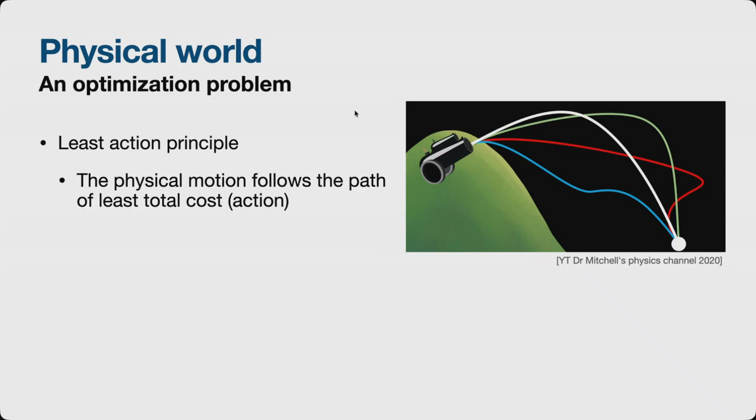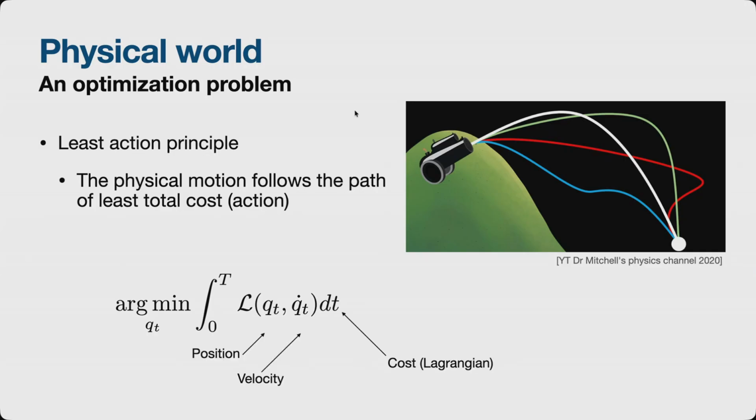This is because its trajectory is not arbitrary. This is because it has to follow the principle of least action, meaning that the motion must follow a path of the least total cost. This cost is called the Lagrangian, and it is a function of position and velocity. And the optimal condition will give us our very familiar Newton's second law of motion, where F equals ma.